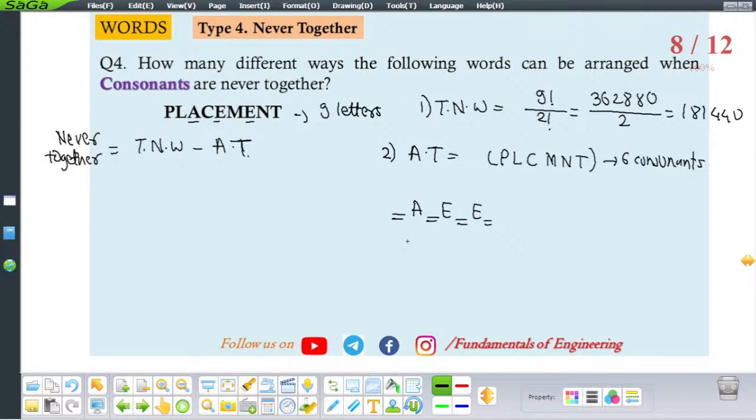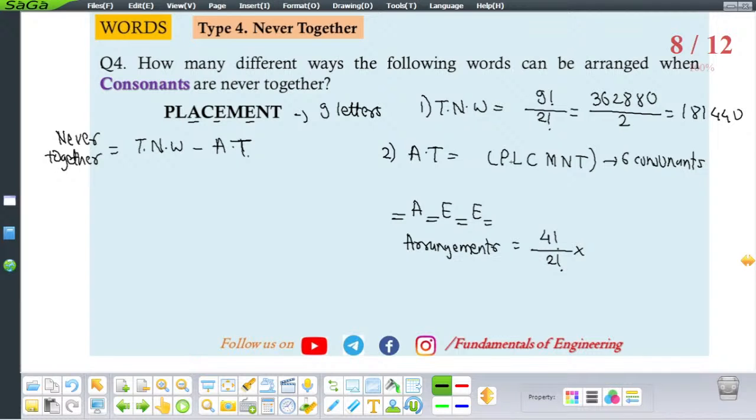Possible arrangements, 4 places. So 4 factorial, but E is repeated twice, so divided by 2 factorial. These are the 6 consonants, so you have to multiply with the 6 factorial value. Do the calculation using the virtual calculator.